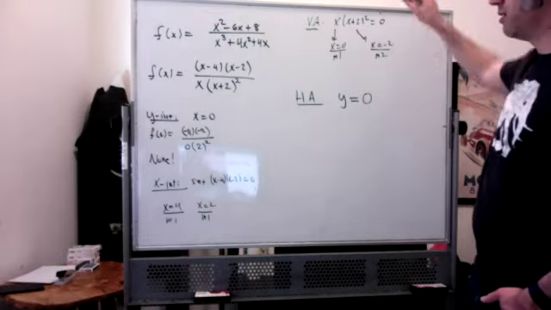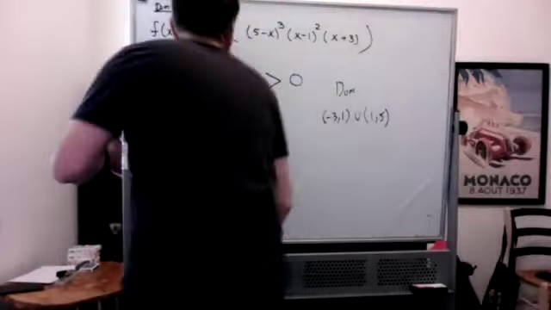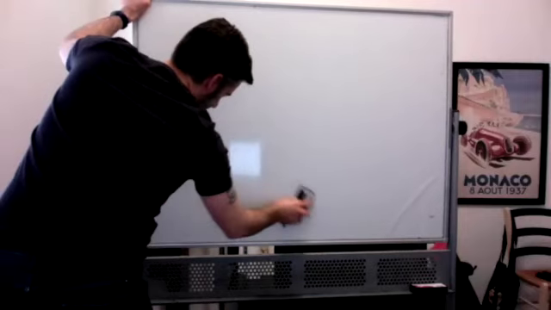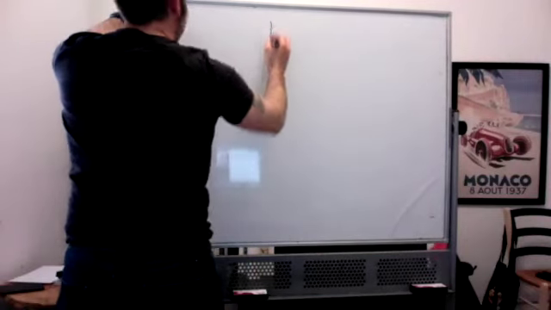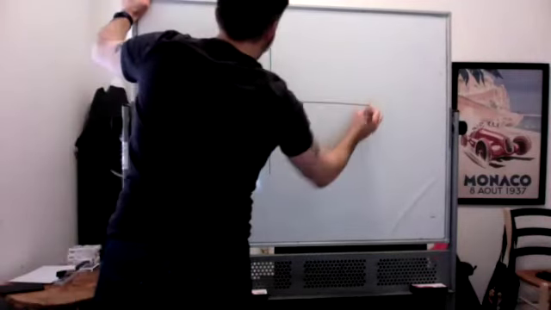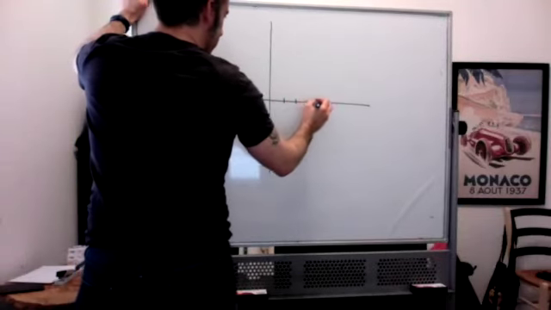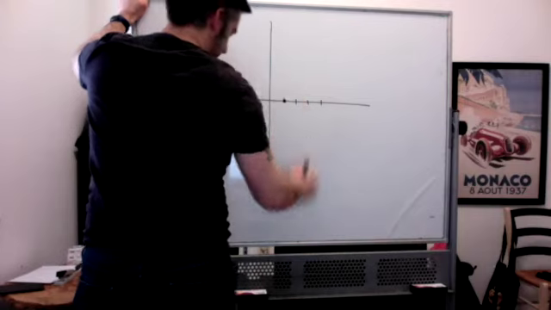Okay, that's it. So let's graph it on the other side here. So let's put all of our features on the graph, and then we will try to graph it. So we have x-intercepts at 2 and 4. Well, that's not 2, that's 1.